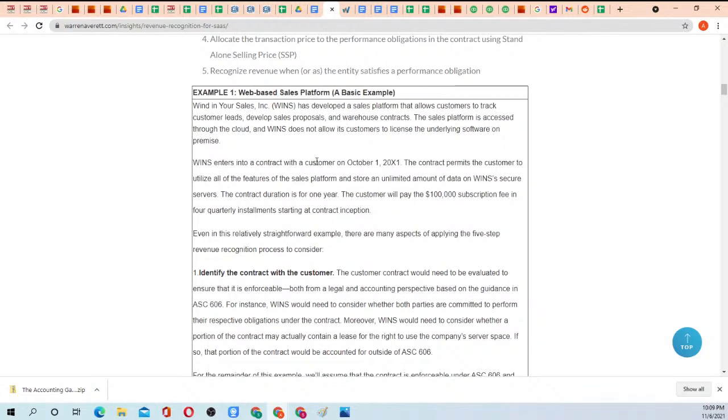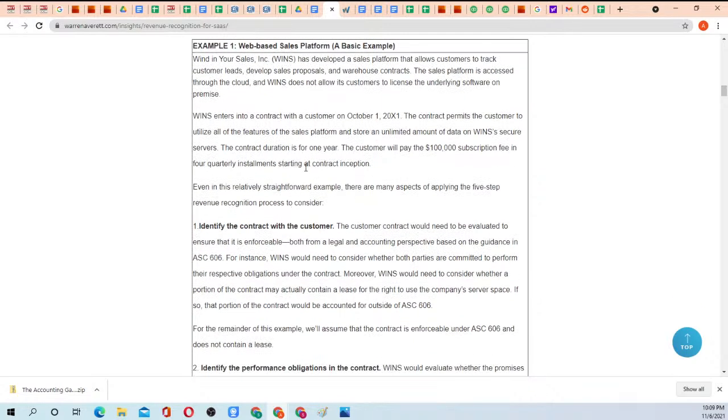Vince enters into a contract with the customer on October 1st. The contract permits the customer to utilize all of the features of the sales platform and store an unlimited amount of data. The contract duration is for 1 year. The customer will pay a $100K subscription fee in 4 quarterly installments starting at contract inception.